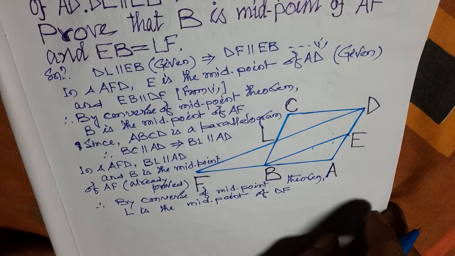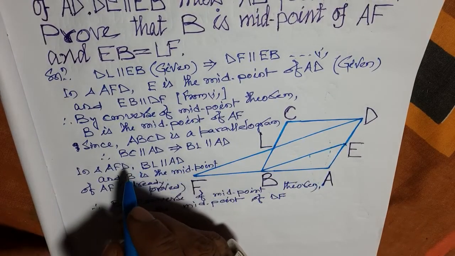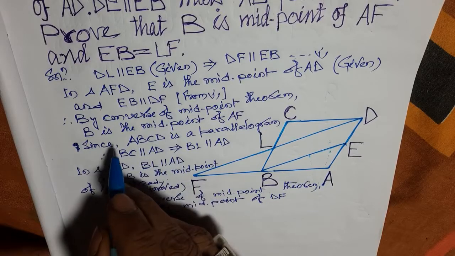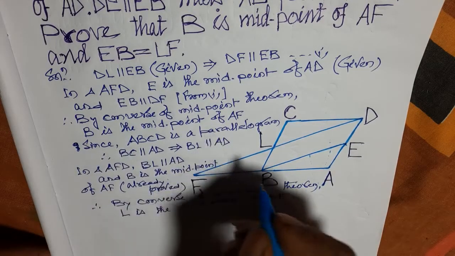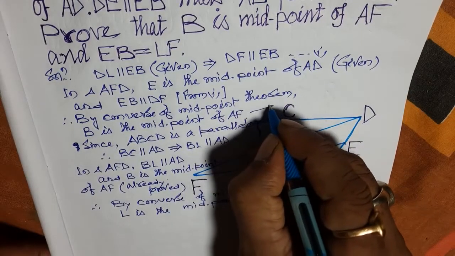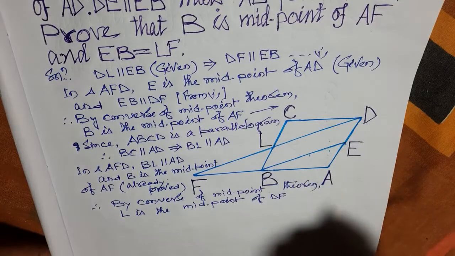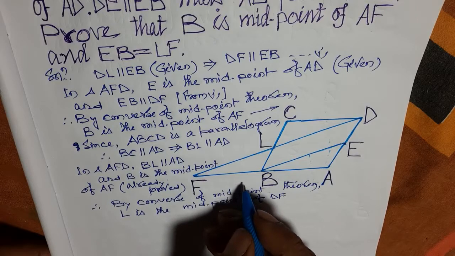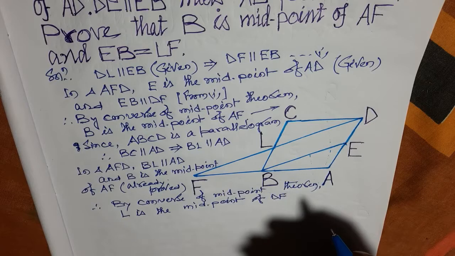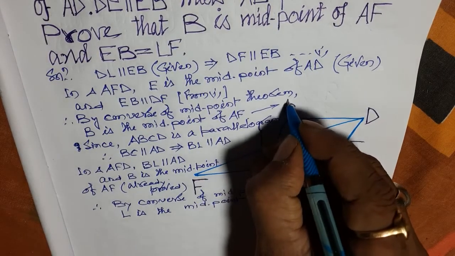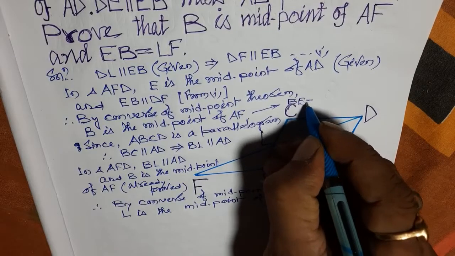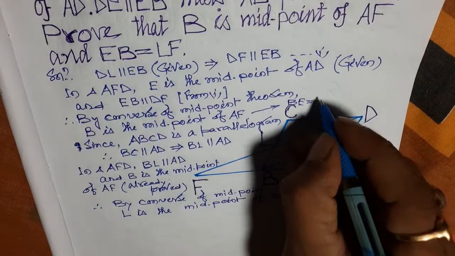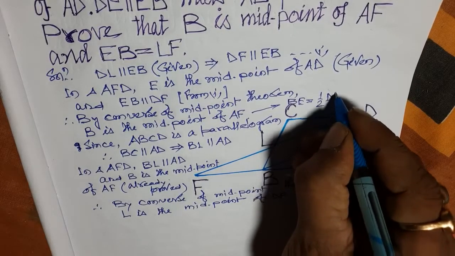Now I missed one thing here. B is the midpoint of AF and BE is equal to half of DF.